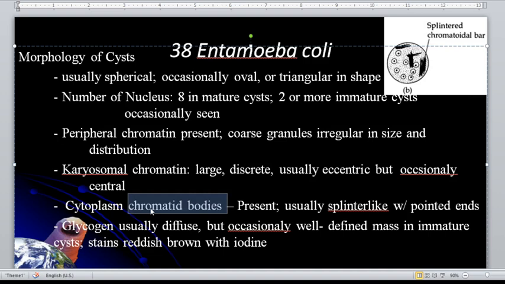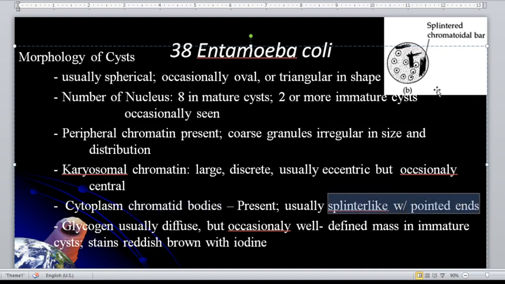Round, blunt ends. But for Entamoeba coli, that is splinter-like with pointed ends. Mas matulis siya kaysa sa dulo ng chromatoidal bodies ng Entamoeba histolytica. Glycogen is usually diffuse but occasionally a well-defined mass in immature cysts. It stains reddish-brown with iodine.